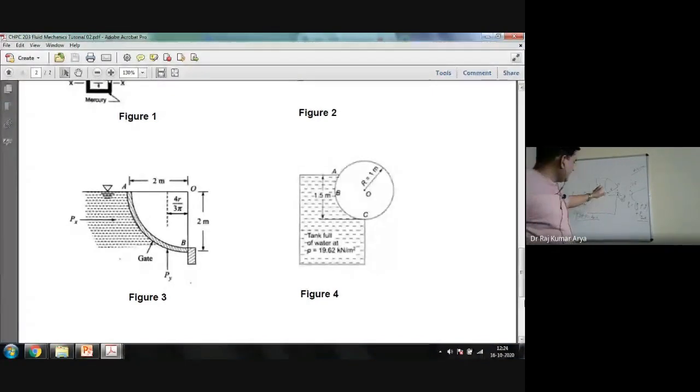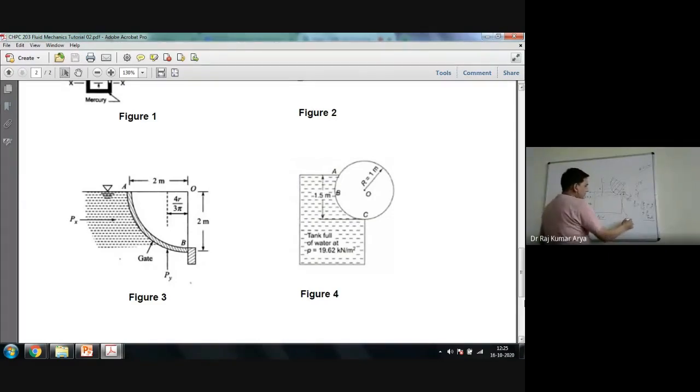So in this case what you have is this much fluid volume displaced. Somehow you calculate this volume, multiply by density, multiply by g, and that would be your vertical force only.